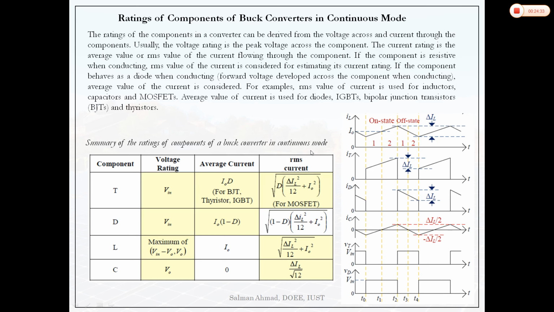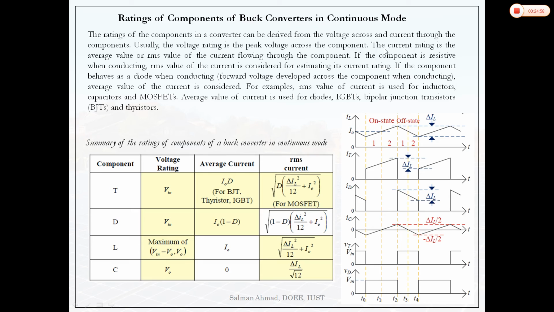Now the next thing is how to determine the components for designing the buck converter. The rating of a component in any DC-DC converter can be derived from the voltage across and current through the component. Usually the voltage rating is the peak voltage across the component.